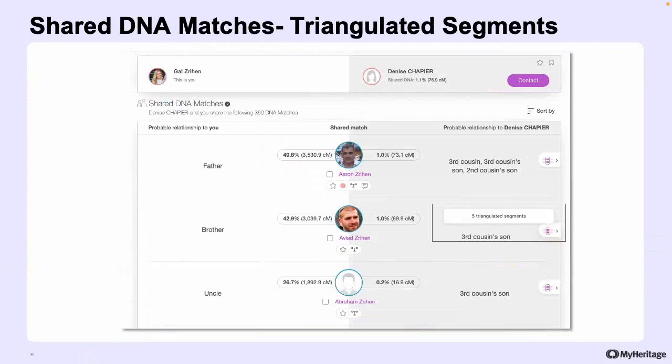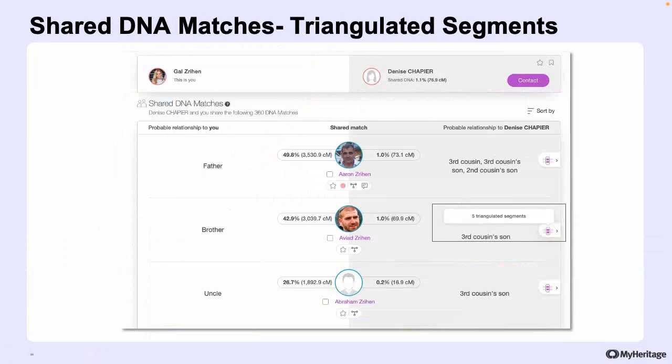Now, it's sometimes helpful to go back to the shared DNA matches. When you go and see your shared DNA matches, there's this little icon on the right that tells you there are triangulated segments. So you don't have to do the entire guesswork.